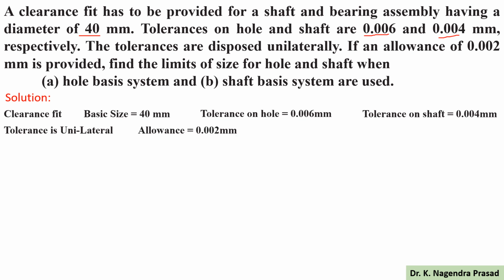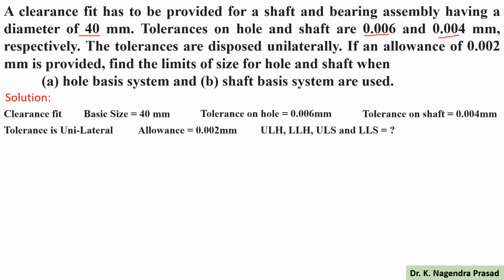Also given the allowance is 0.002 mm. Then we have to find the limits of sizes for hole and the shaft. That is, we have to determine the upper limit of the hole, lower limit of the hole, upper limit of the shaft and the lower limit of the shaft.